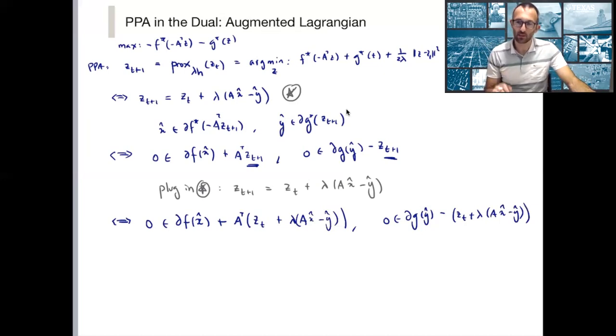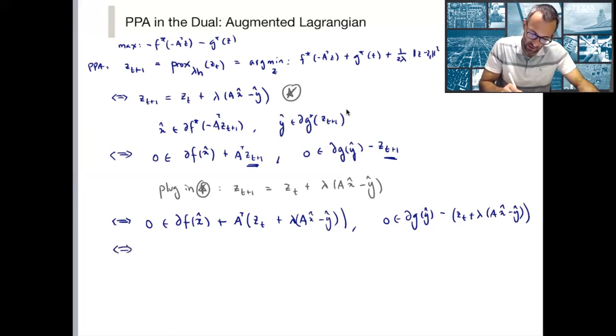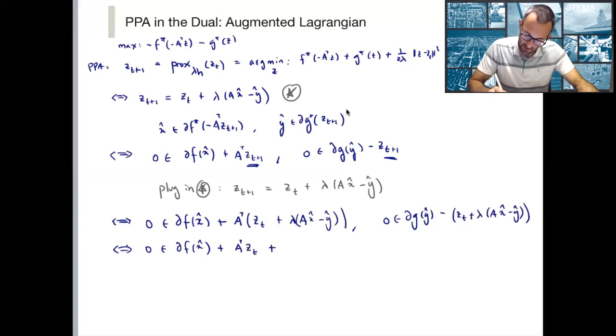Maybe it's helpful to write out one more step here, at least for this one: the subdifferential of f at x hat plus A transpose z_t plus lambda A transpose (A x hat minus y hat).